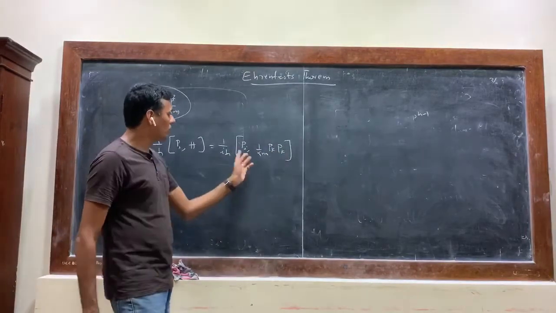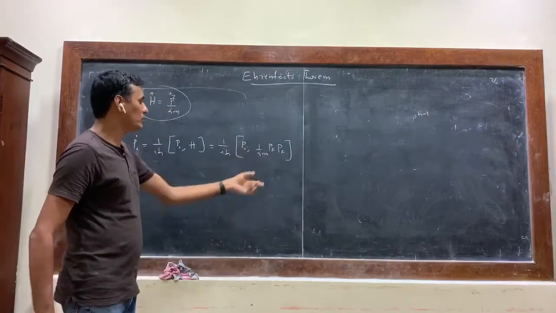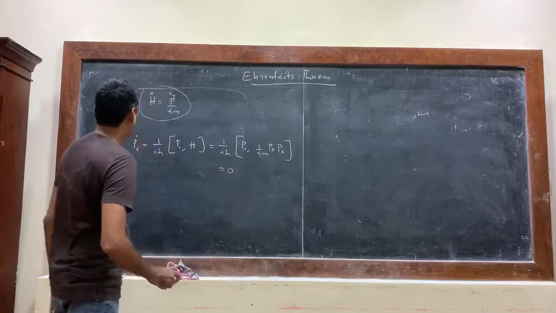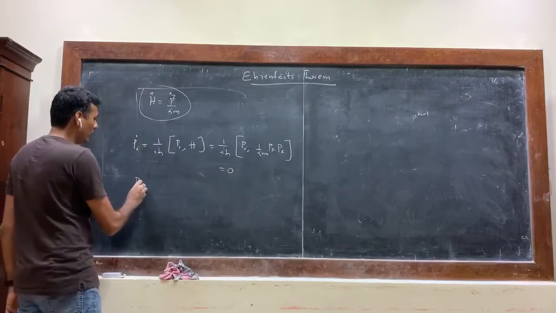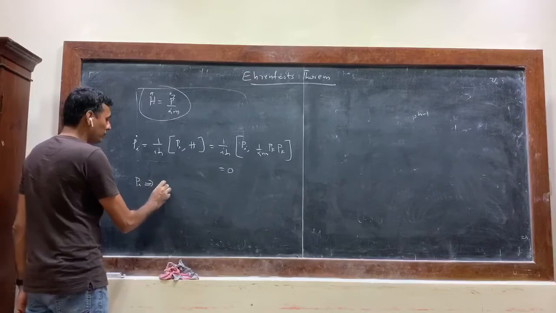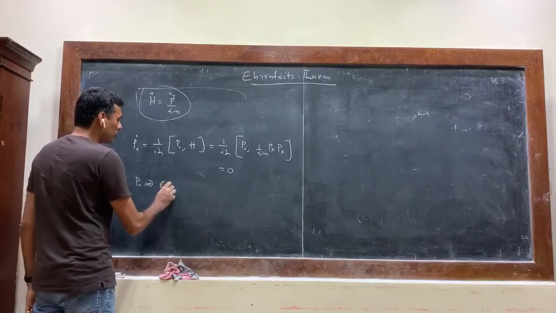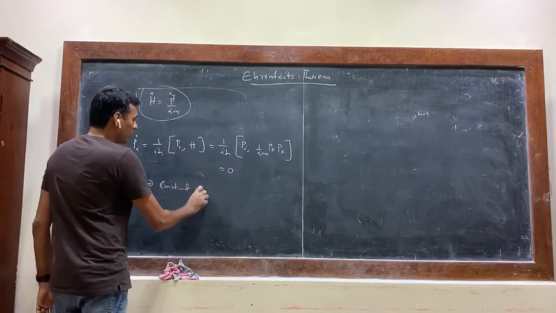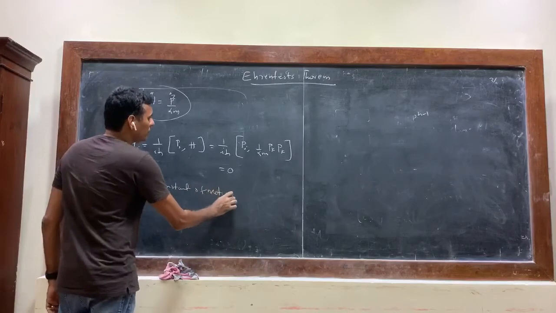Of course, p commutes with p, so this is 0. So p_i dot is 0, and p_i is a constant of motion.